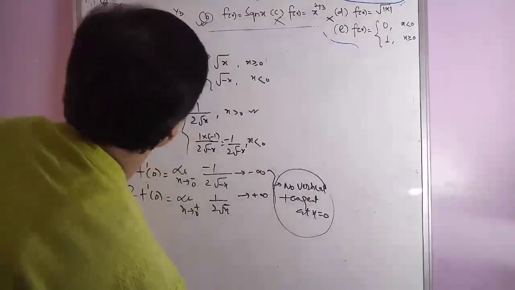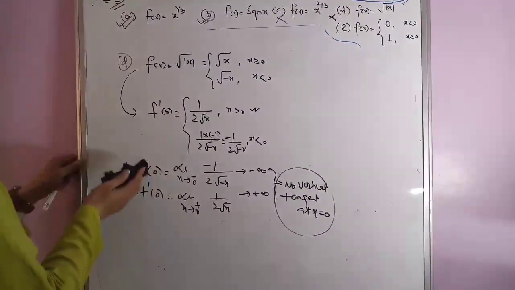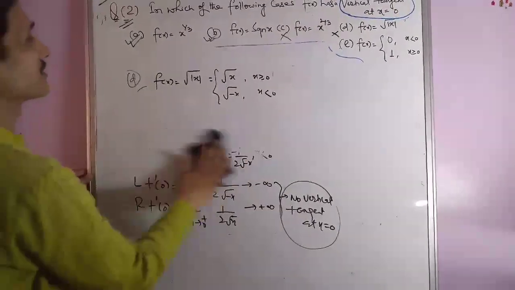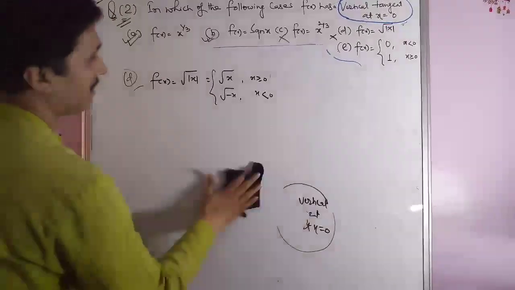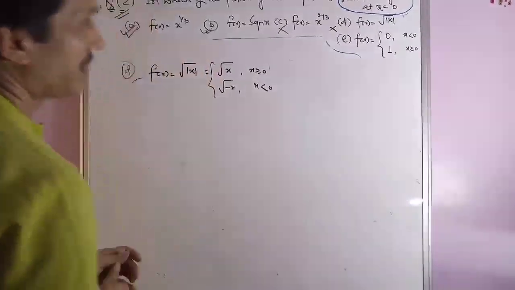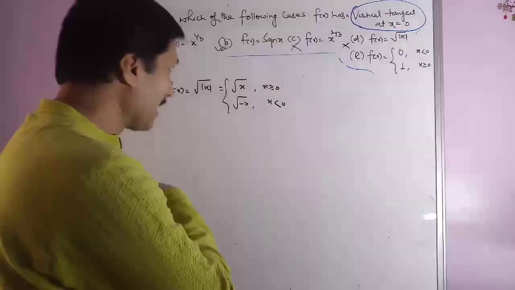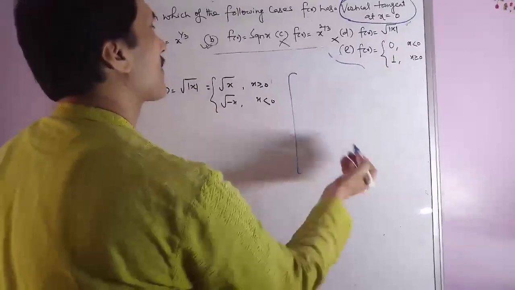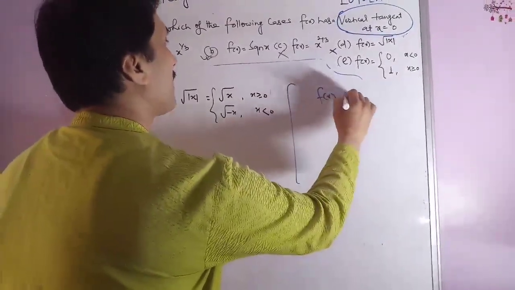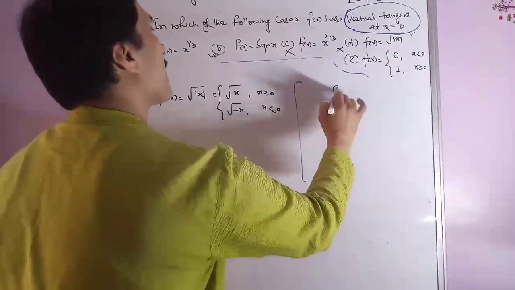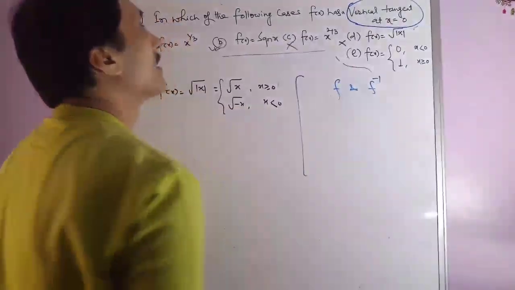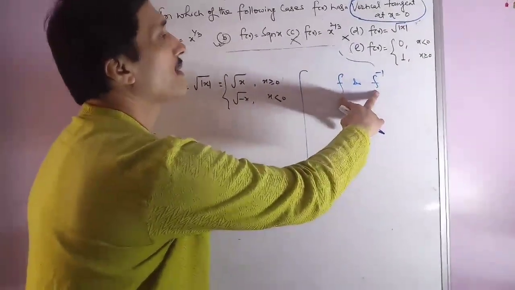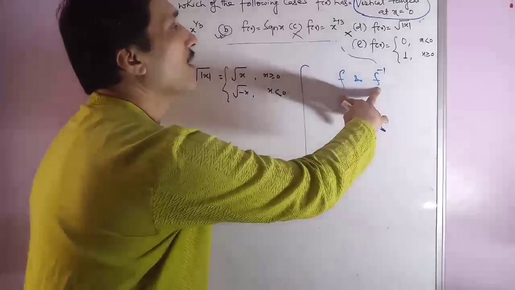Now we see the graph of this function. You have already studied the inverse function in the function chapter. f(x), f and its inverse: domain of f is the range of f inverse, and range of f is the domain of f inverse.